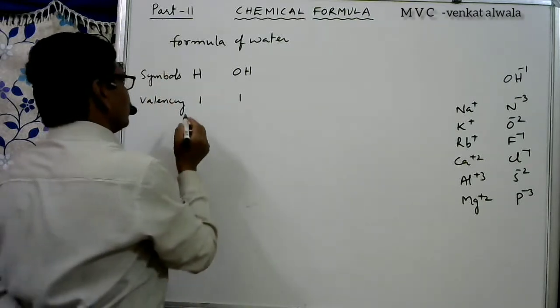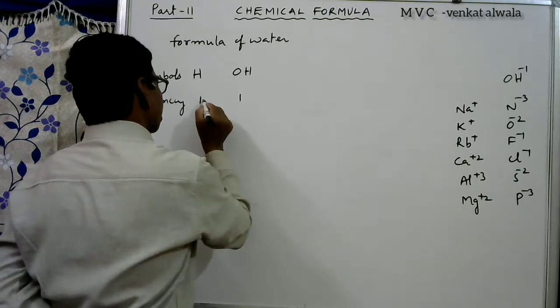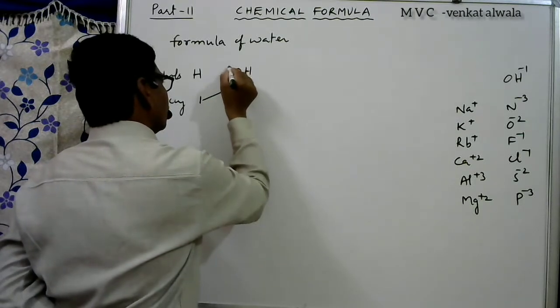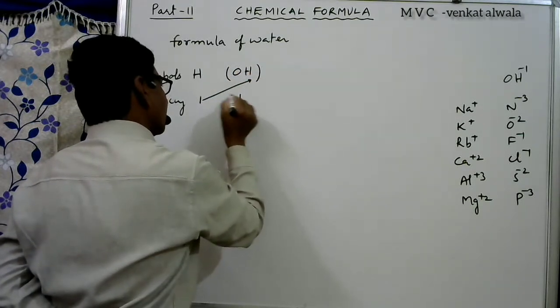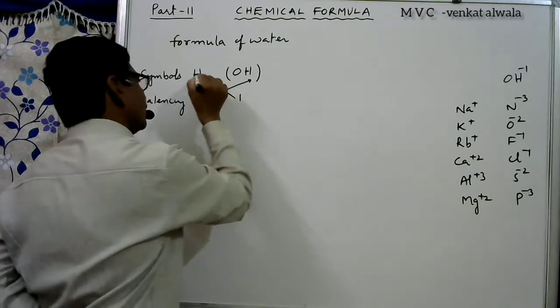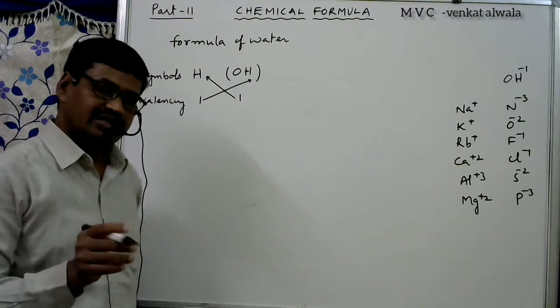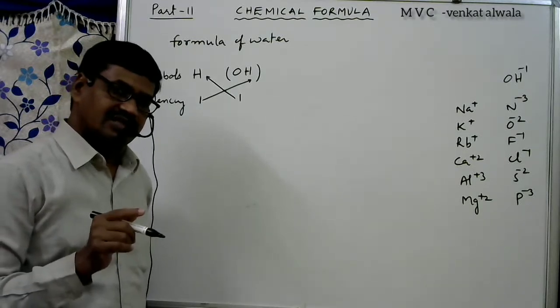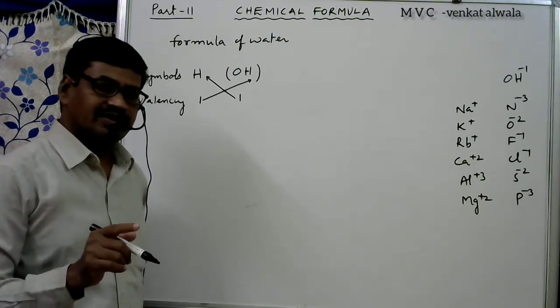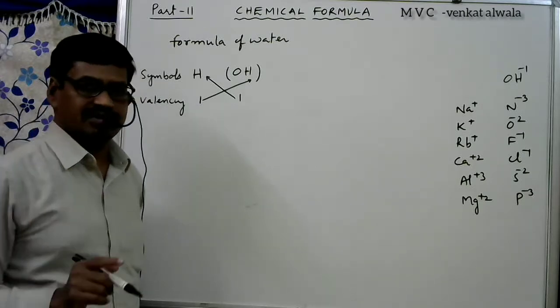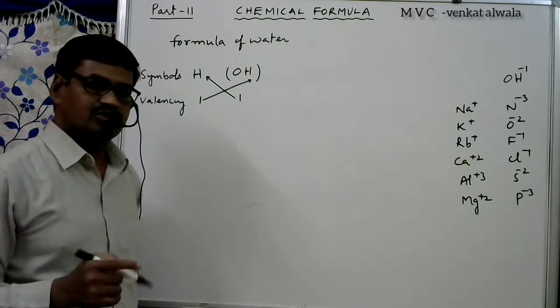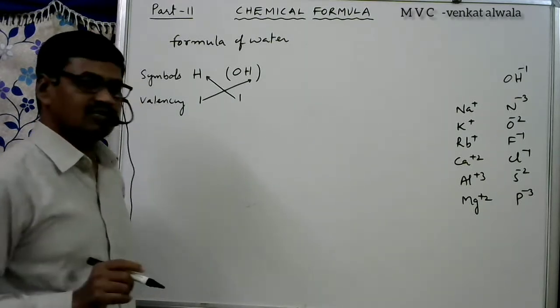Then we have to crisscross this. So this valency you write below the OH group, and this valency we write at the bottom side of hydrogen. Whenever you write a number at the bottom, we consider it a subscript; if you write it on top, that is a superscript. Here we write subscripts only.